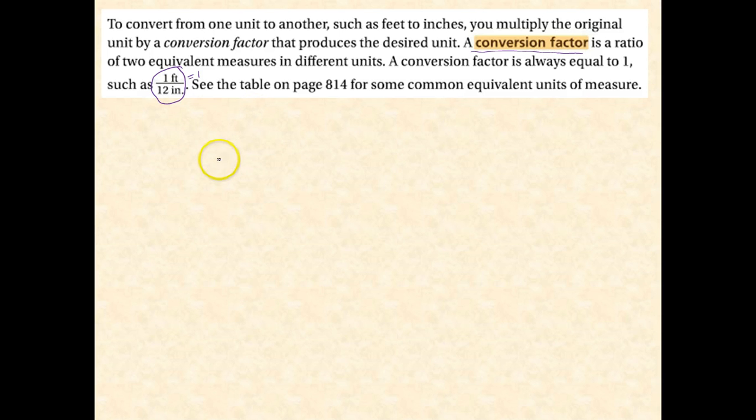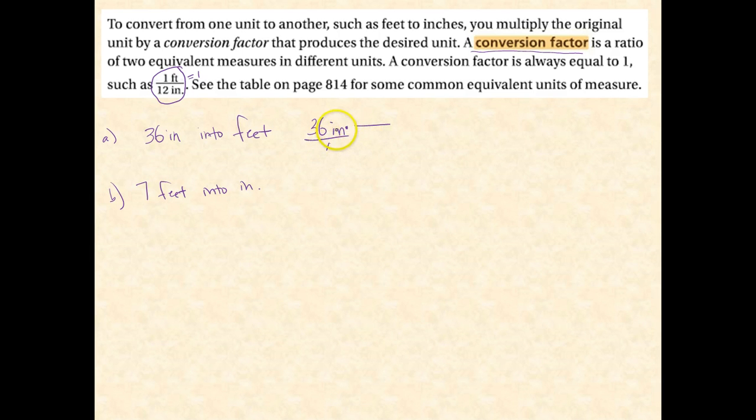So if I was going to change, let's say, 36 inches into feet or 7 feet into inches, what I would do is take my 36 inches and multiply by a conversion factor, but I want the denominator to cancel out my inches. If I have inches here, this is like inches over 1.